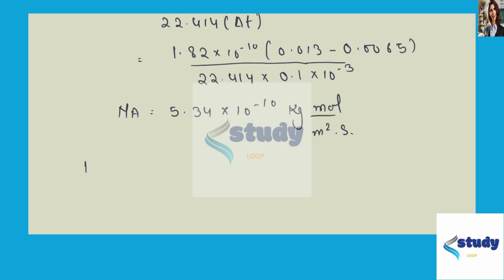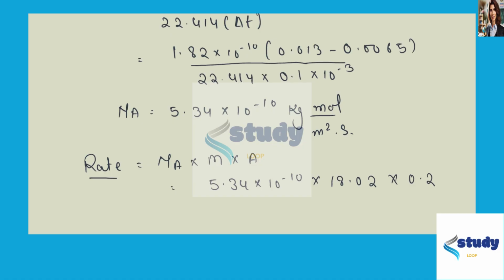Now we have to find out the rate, that is equal to Na multiplied by the molecular weight M multiplied by area. So the Na value is 5.34 into 10 to the power minus 10 multiplied by 18.02 multiplied by 0.2. This is our area.